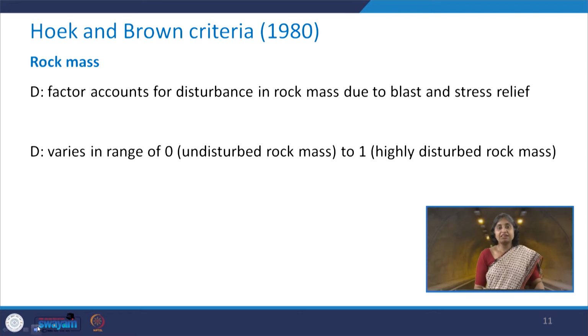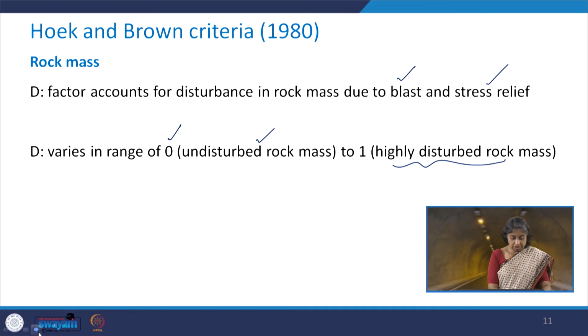Now, this D factor, or disturbance factor, accounts for the disturbance in the rock mass due to blast and hence the stress relief. It varies in the range from 0, which corresponds to undisturbed rock mass, to 1, which relates to highly disturbed rock mass.